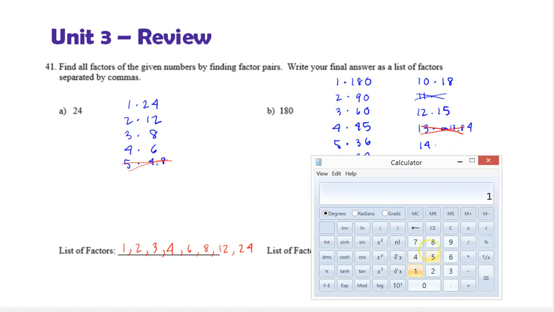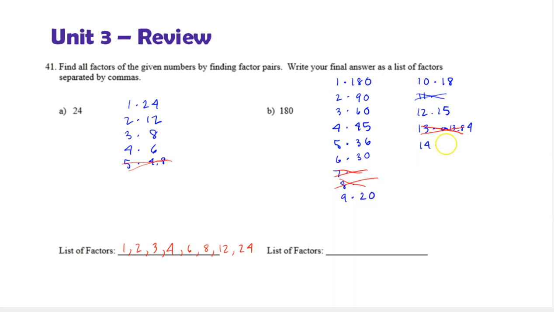But let's just verify that. 180 divided by 14 is 12.8 and so on. So that's not a factor. And since the number on the left is bigger than the number on the right, I know I've checked as far as I need to check, and I can write my list.